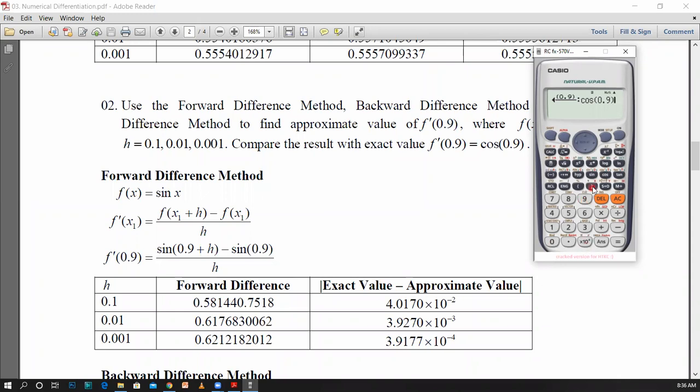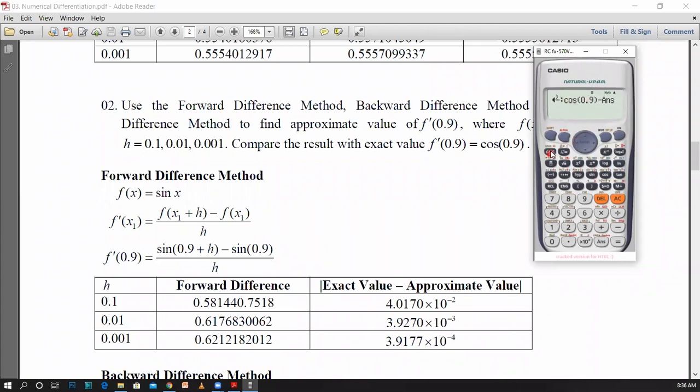Once you subtract the answer you obtained at this point, you can get the difference between the exact value and the approximate value. The answer you get from the first equation is the approximate answer. Then you are comparing this approximate answer with cosine 0.9, which is the exact value.